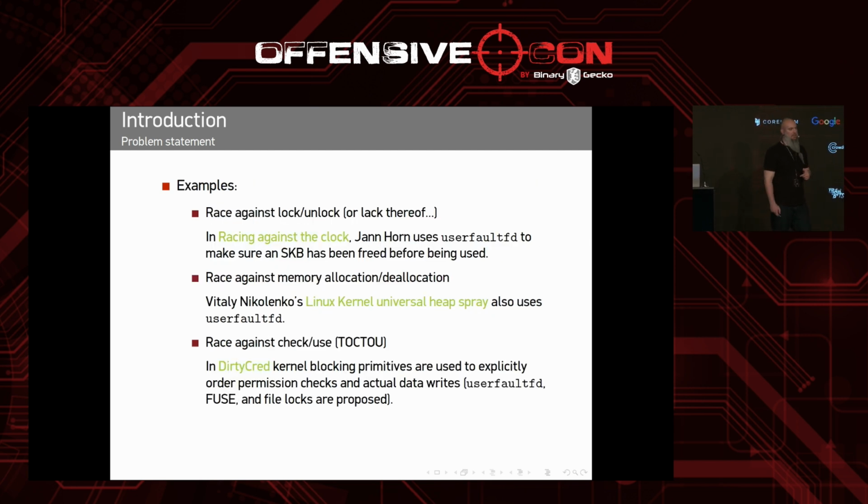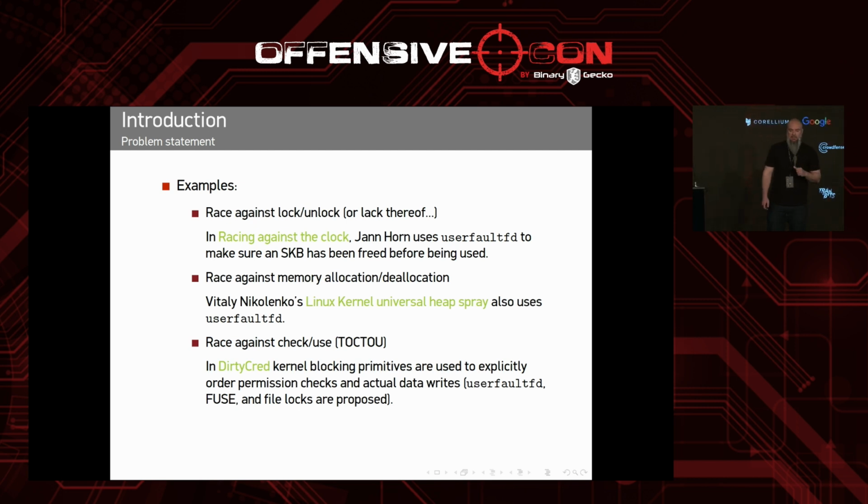Let me give you some specific examples. In Racing Against the Clock, Jann Horn, I don't know if I'm pronouncing the name correctly, uses userfaultfd to win one of the 2 races that he's discussing in his article. In Linux kernel universal heap spray, Vitaly Nikolenko uses userfaultfd, a known technique used for blocking the kernel, in order to extend the lifetime of a heap allocation, thus achieving a more reliable and stable heap spray.